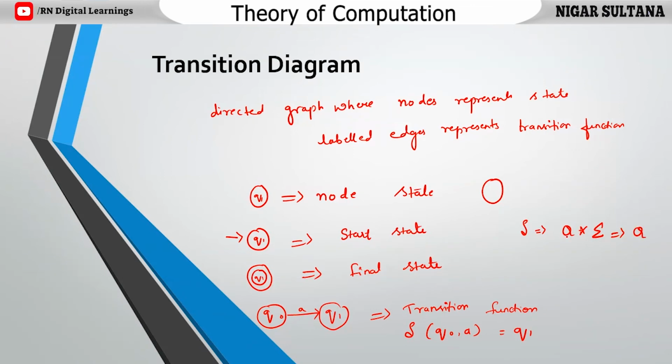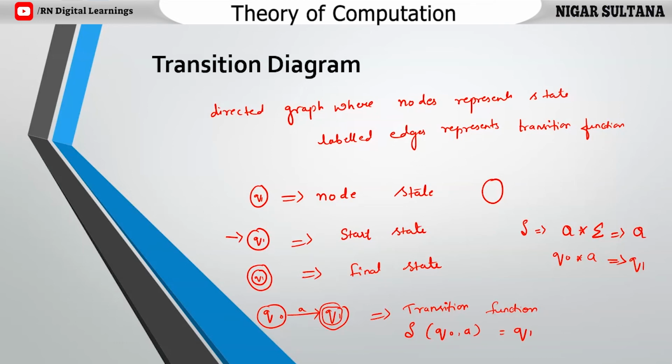See, this Q is nothing but this Q0. And the input symbol we are using is A, and it is moving towards the Q1 state. In this way, we represent the transition function. It starts from Q0 and ends at Q1. If it is ending there, this can be my final state, so I must give a double circle for this.